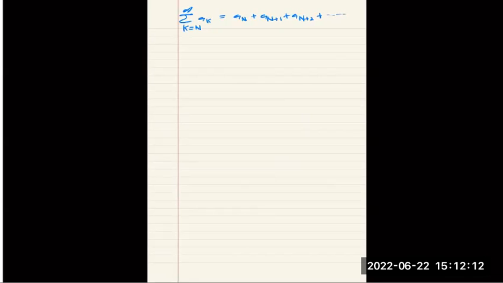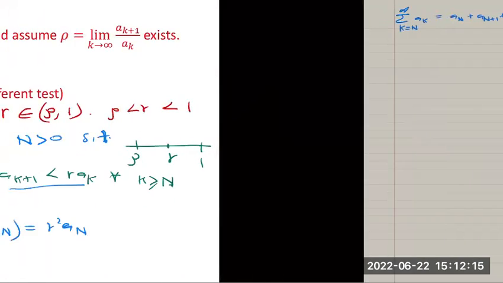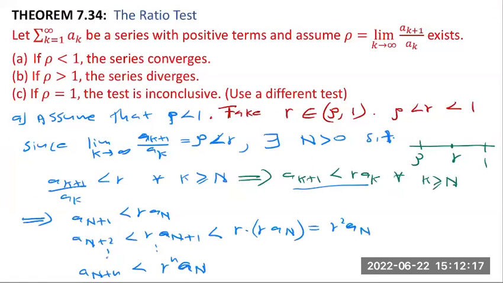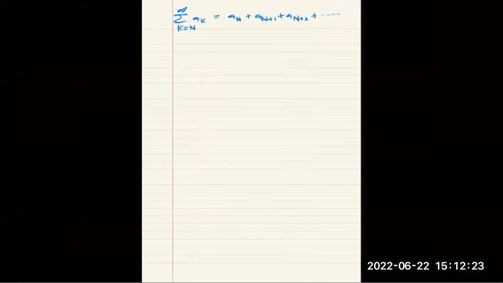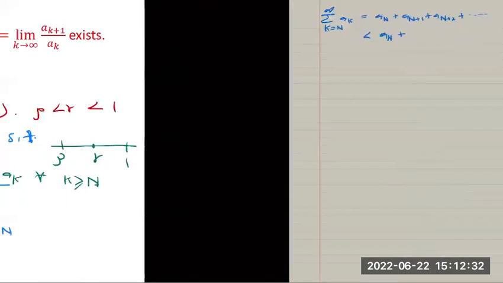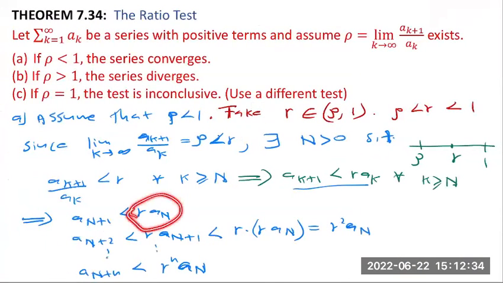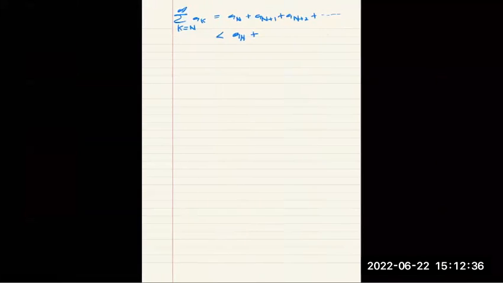But we know that a_{N+1} is less than or equal to r times a_N. So I have this inequality. This has to be strictly less than. I'm going to leave my a_N as it is. I'm going to replace a_{N+1} by r times a_N. My r times a_N is bigger than a_{N+1}, so I should get a bigger quantity.